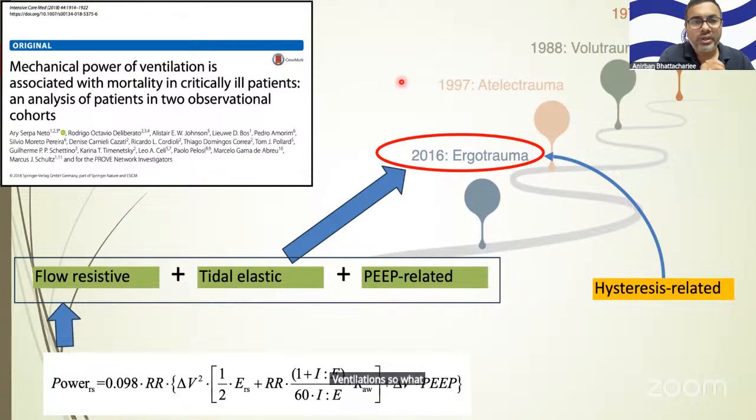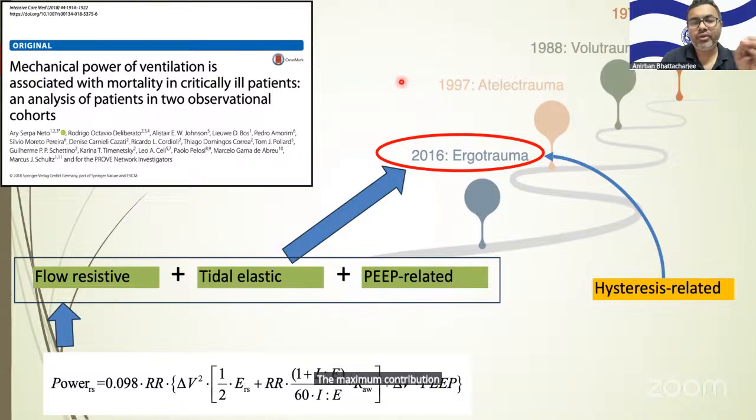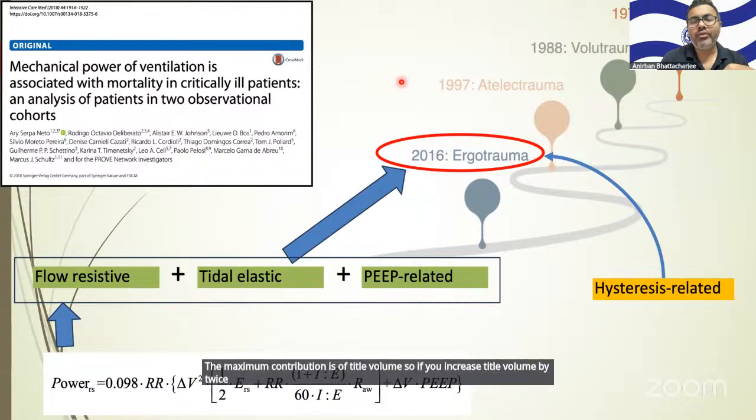This is a very complicated formula. We don't need to remember it, but what we need to remember is that there are individual components contributing to this mechanical power. Tidal volume contributes, the respiratory rate contributes, and the PEEP contributes as well. The maximum contribution is of tidal volume. If you increase tidal volume by twice, your mechanical power is going to increase by 4 times.